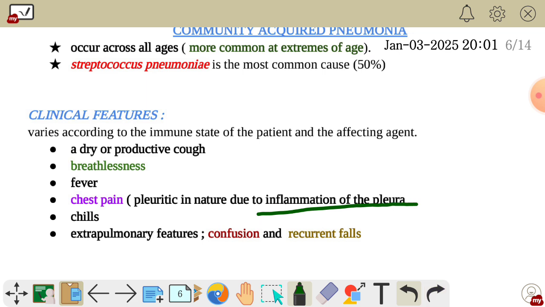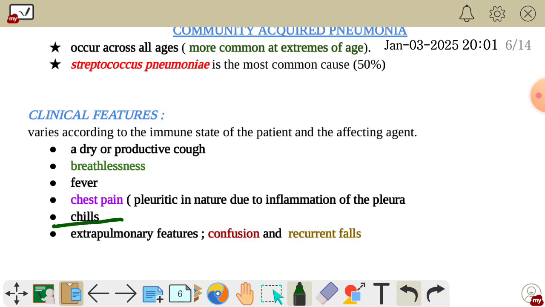So inflamed pleura will cause the chest pain. So the chest pain is pleuritic in nature. So you can differentiate it from the one which is in angina or in myocardial infarction. So this chest pain here is pleuritic in nature, and it is caused by inflammation of the pleura.